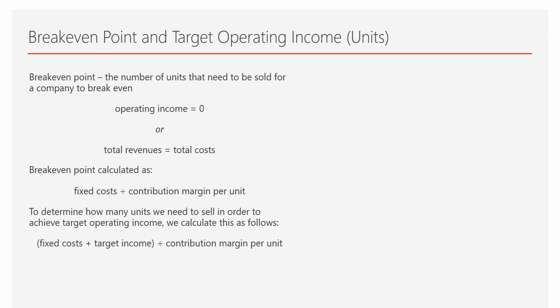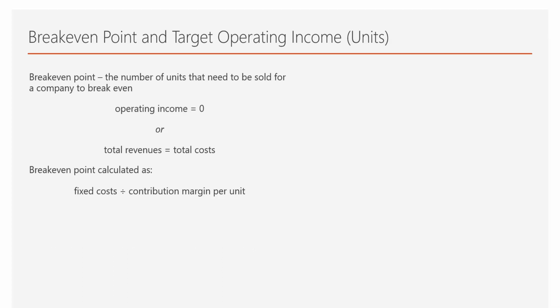So to determine how many units we need to sell in order to achieve target operating income, because face it, do we want to just break even as a company? No. We want to earn operating income. We want to earn some money, earn some profit. So we can adjust this formula to determine how much we need to sell in order to achieve a specific level of operating income when selling a particular product.